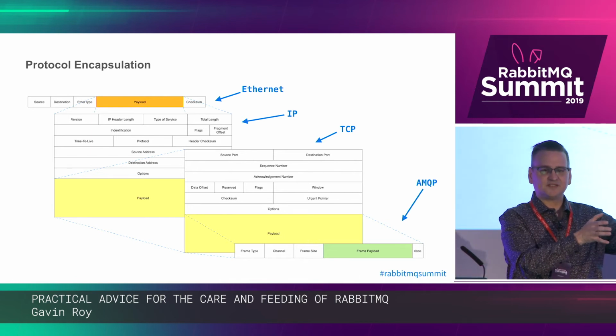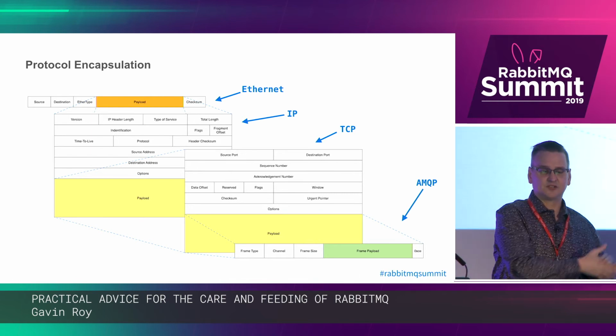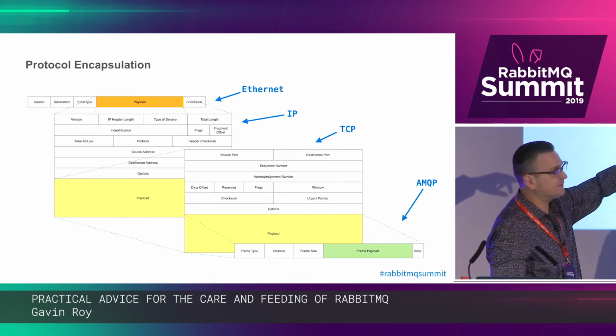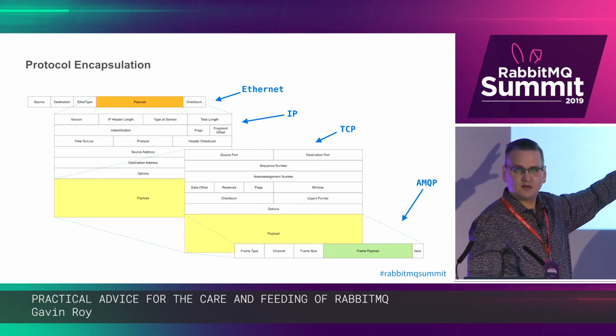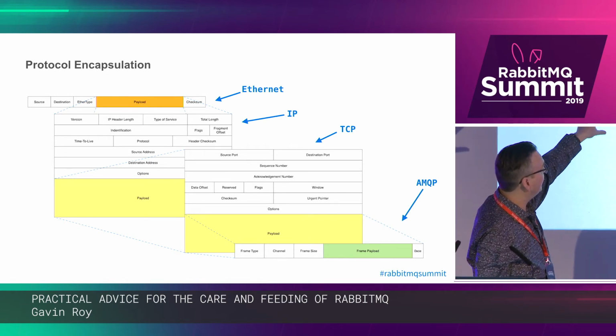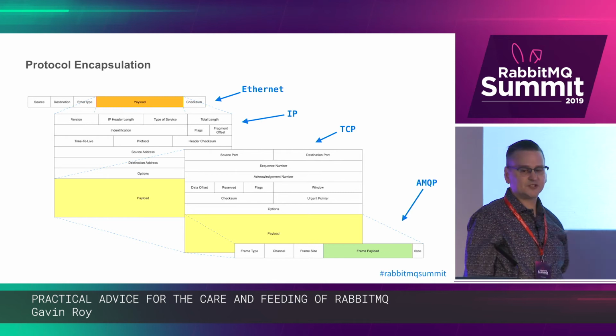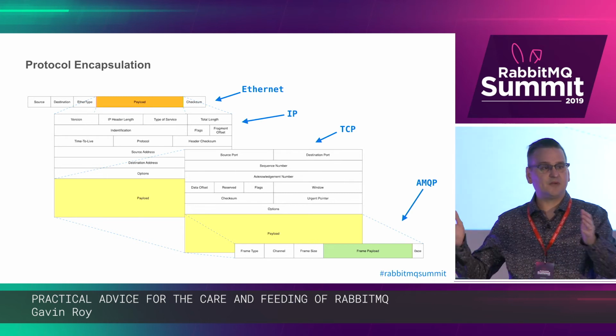Here's the body of the message, and here's the checksum for the message. Pretty simplistic. But you can see that ultimately at each one of these different layers, in essence, it's the same type of thing. So on top of Ethernet, we add IP, and that has all sorts of fun information about the payload of the message that we want to send.